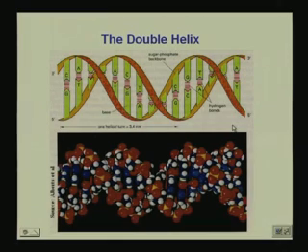Because of the orientation or the way the structure is, we have these grooves. These are called grooves. This is what is called the major groove, okay? And this is called the minor groove.